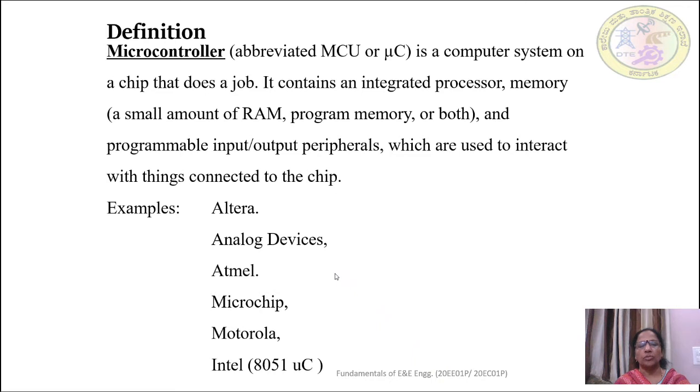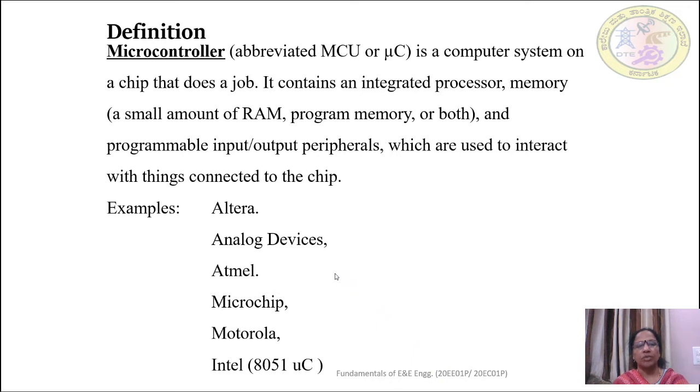Here a small amount of RAM is there, and program memory, so both RAM as well as program memory will be there in the integrated processor. And further, programmable input and output peripherals are there, which are used to interact with things connected to the chip.